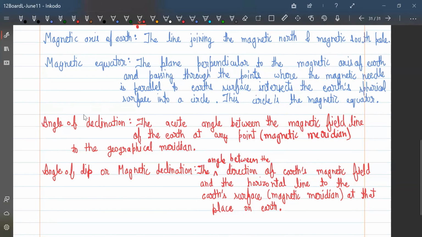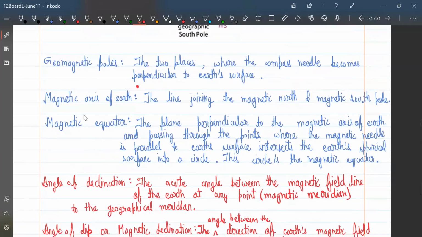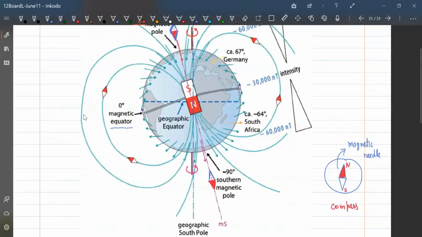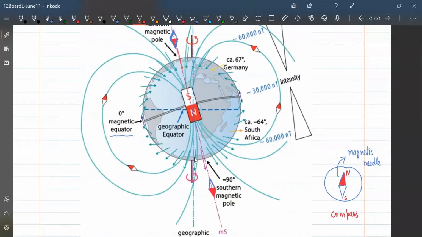The angle of declination is the acute angle between the magnetic field line of the Earth at any point, that is the magnetic meridian, and the geographical meridian. In this diagram, see the geographical meridian, it is like this. You must have seen those lines on the globe. Those are geographical meridians.